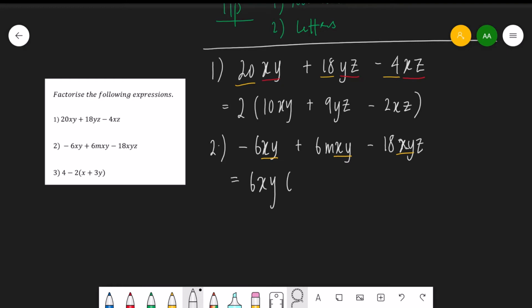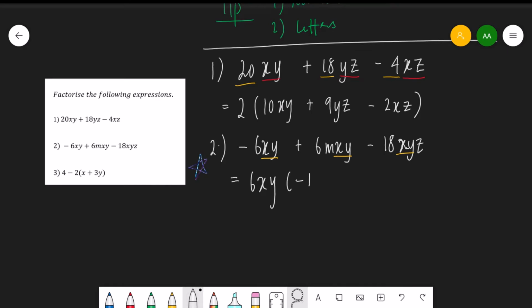What happens if we extract 6xy from a negative 6xy? It seems like we've taken out every single thing, right? So this is a very important section that I need to tell you. If you take out so-called everything from the term, what you're left with is not 0. Instead, you're left with the number 1. In this case, it is a negative 1. I'm going to put a star on this question because I'm going to explain slightly further on this.